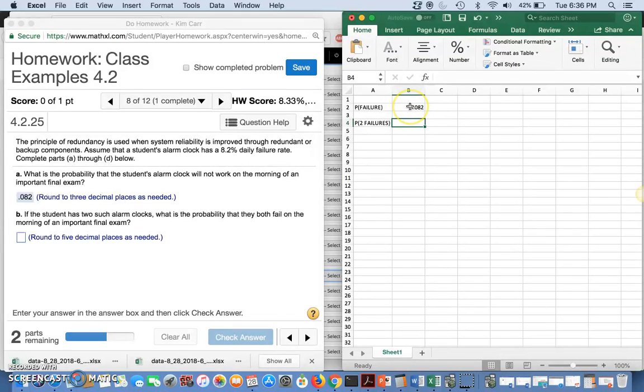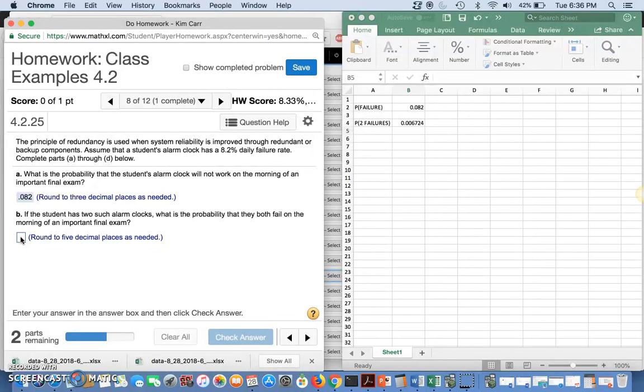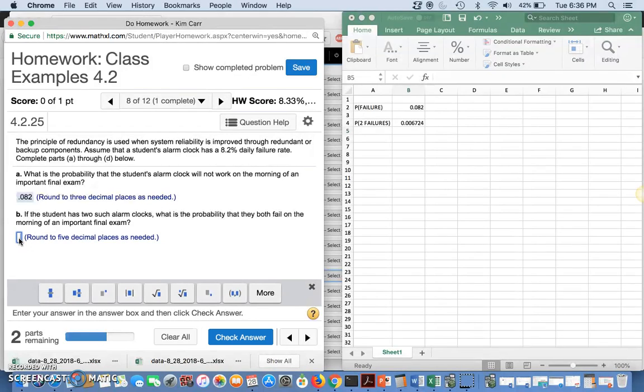So if that's the probability of one right there, we could say equals sum of that number, and this time we could square it because we're going to multiply them together. So now it says 5 decimal places, so that's 0.00672. Now let's click it. 0.00672.